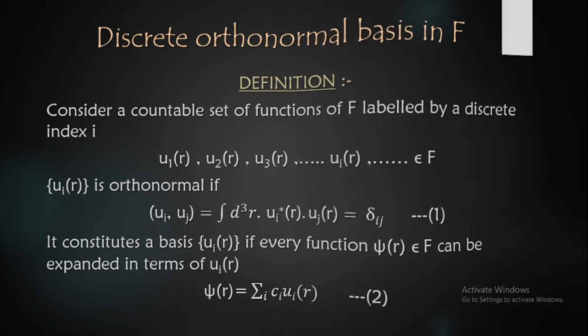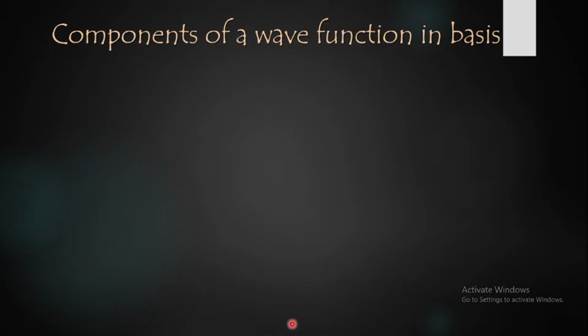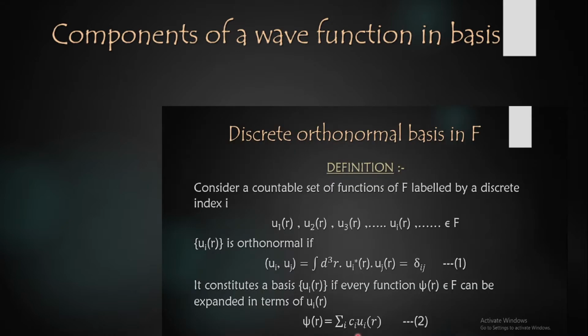Now let us study the components of a wave function in the basis ui of r, that is the set. In order to get the components, let us consider equation number 2 and multiply it by uj star of r, and integrate over all the space.